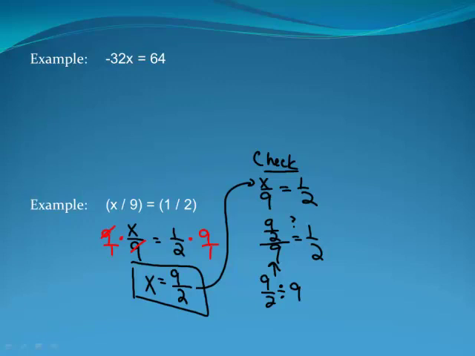So 9/2 divided by 9 is the same as 9/2 divided by 9 over 1. Flip and multiply. 9/2 times the reciprocal, 1/9. Our 9's cancel out. 9 divided by 9 is 1. And we get 1/2, which is the same thing on our right-hand side. So that also looks good, checks out. I think we can feel confident that we've got the correct answer there.